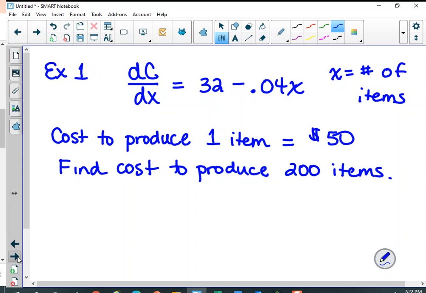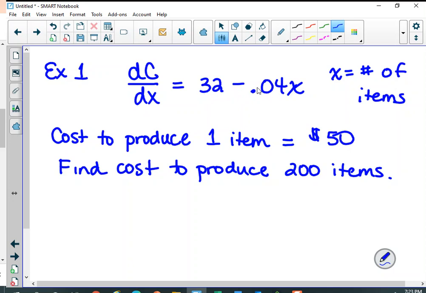Because in reality, every item's cost is not equivalent, hence this cost function. The overall cost is going to depend on the number of items, not in a straightforward way. If you say, well, $50 per item, 200 items, 50 times 200, that might not be the case. The first item might be $50, and what this is telling me is that the costs are actually decreasing.